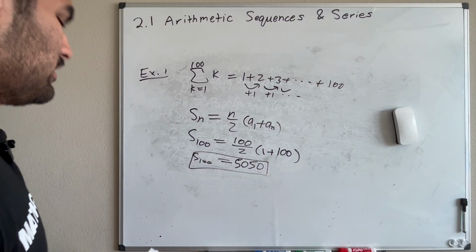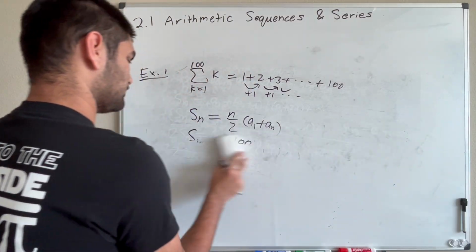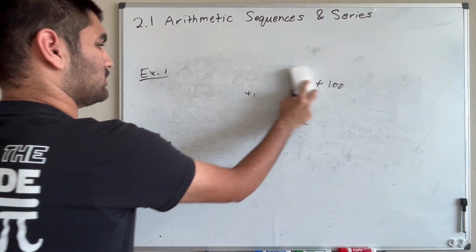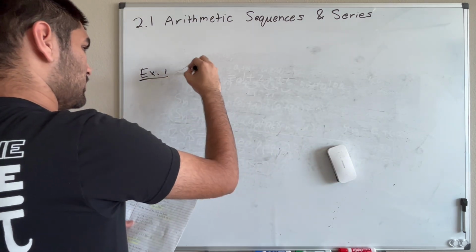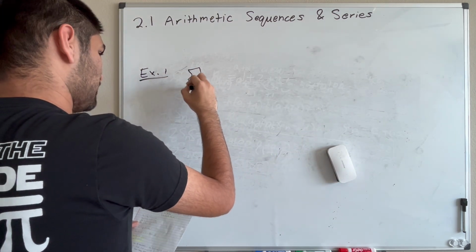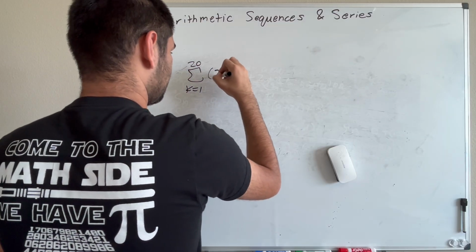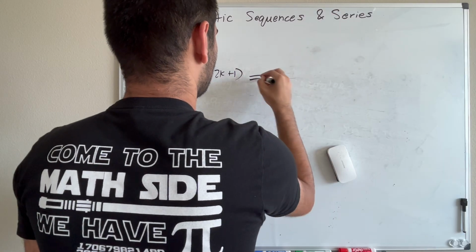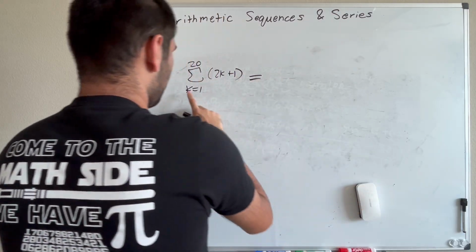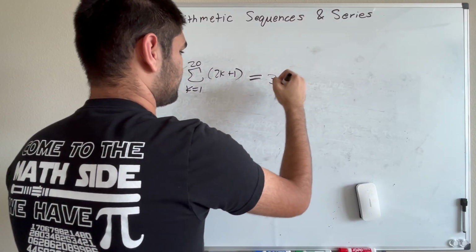All right. Let's do another example. This time, let's say we have the sum as k goes from 1 to 20 of 2k plus 1. Okay, so first let's write out the first few terms of the sequence, right? When k is equal to 1, you get 2 plus 1, so that's 3.